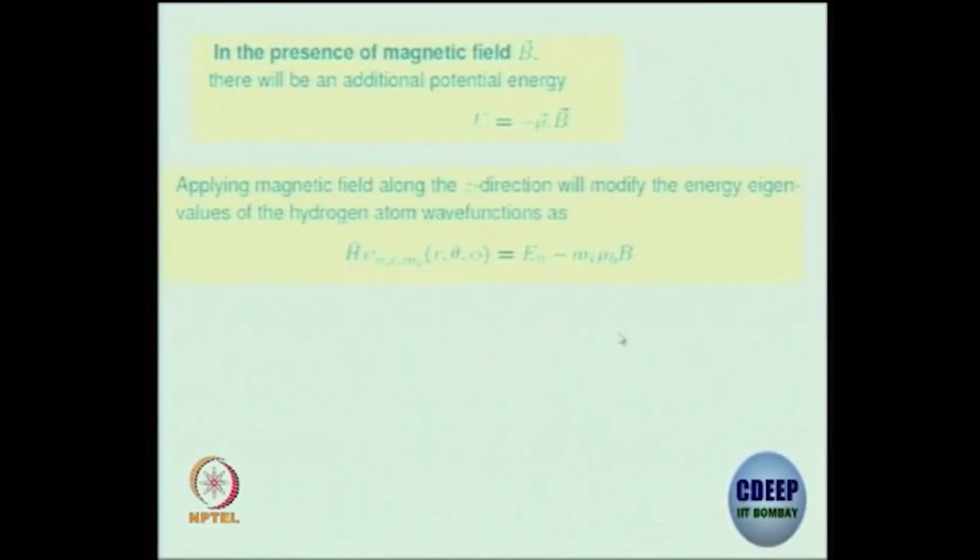Can we see this from equations? Okay. So, we try and operate this operator. The Hamiltonian will be the hydrogen atom Hamiltonian added with a minus mu dot B. When we turn on the magnetic field on a central potential, you had the hydrogen atom Hamiltonian and then a minus mu dot B added to it.